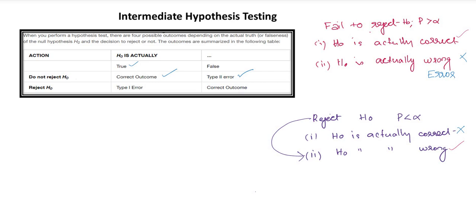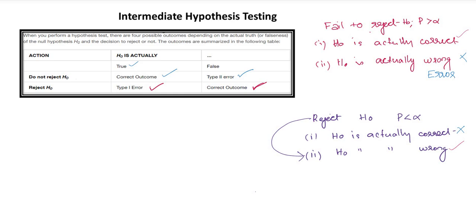Similarly, if we reject H naught when it is wrong, there is nothing wrong, so that is a true decision. And rejecting H naught even if it is correct is called type 1 error. So there are two types of errors.